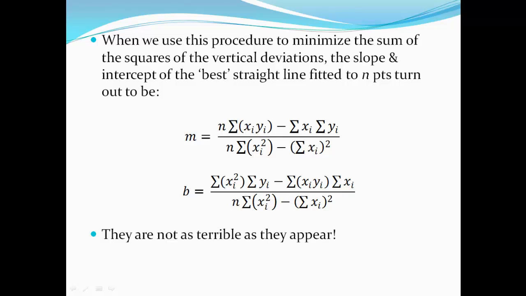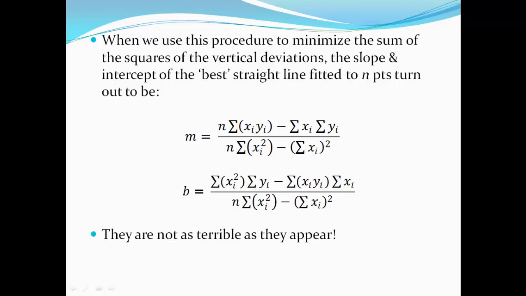Now this is a lot of letters, but really it's not that bad. All it's telling you is that for the slope, you take the sum of all of the x's and all of the y's and multiply them together, times however many points you have, minus the sum of all the x points times the sum of all the y points. The same definitions for the variables apply in the bottom equation, which is the equation for the intercept, and it's only using x and y and their sums.